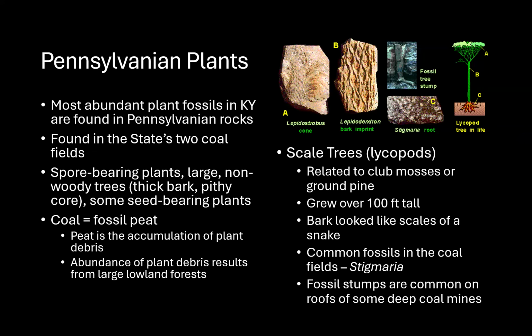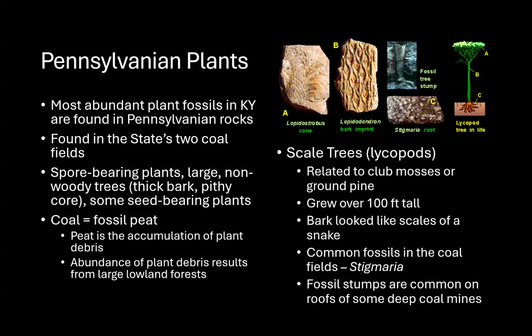One of our more common scale trees is one called stigmaria, which we see commonly in our coal fields. A lot of these stumps are common in our deep coal mines and may be a potential hazard for those mining the coal.